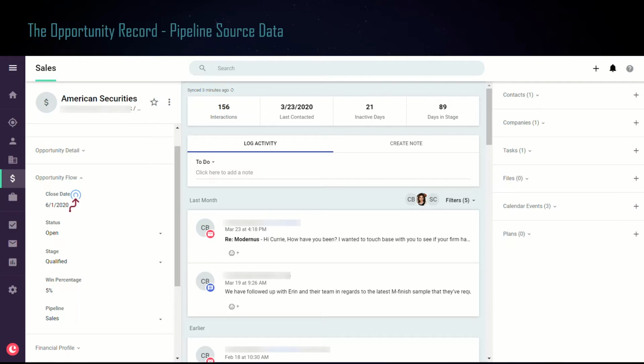Now, what's critically important is whether or not you have the opportunity record tuned to be the center of the activity processes and related people and companies, or whether that's scattered about, as it is with most companies, so that information is being kept, for example, in email systems, and it's not connected to the opportunity record.